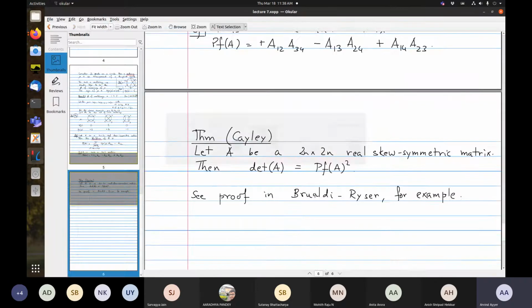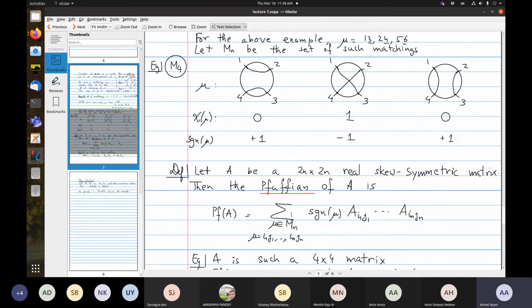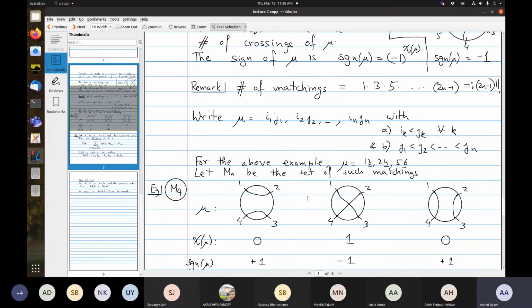So let's compare. So here, remember, I defined the Pfaffian as a sum over matchings of 2n points on a circle, and to each such matching I associated a sign which was minus 1 to the number of crossings.